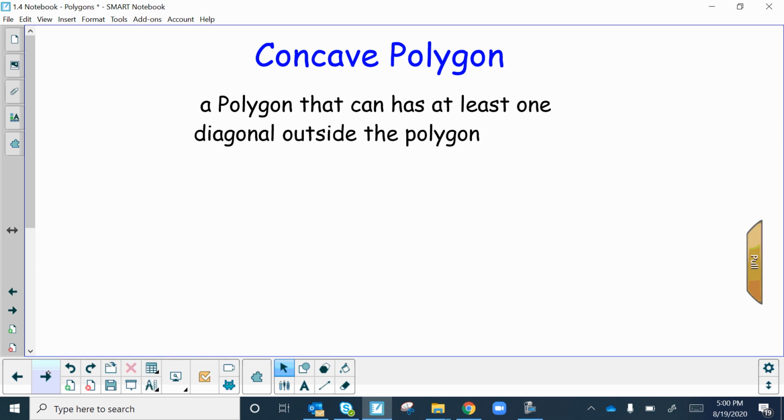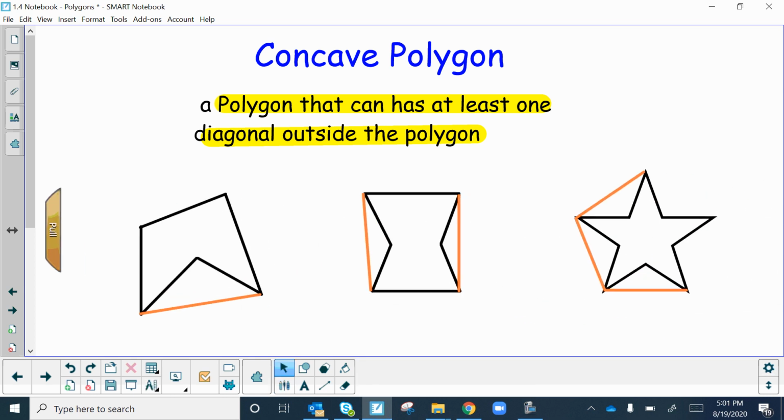That would be the concave polygon that I mentioned earlier. This is a polygon in which at least one diagonal can be constructed outside of the polygon.